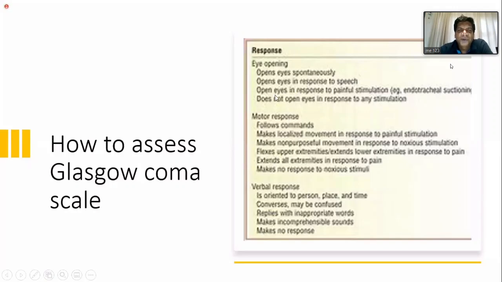So for each component, you give a score, and then add them up, you get the final Glasgow Coma scale. This is what you call the Glasgow Coma scale, and what you get is the Glasgow Coma score. In children above 5 years, you can use the same score.